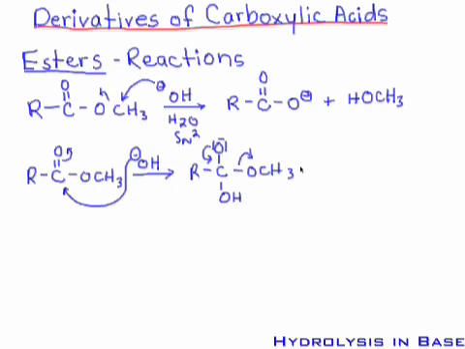But if you kick out the methoxide as a leaving group, you'll get carboxylic acid and OCH3 minus, and the OCH3 minus is a powerful base. And so it will very quickly deprotonate, producing the carboxylate and methanol.